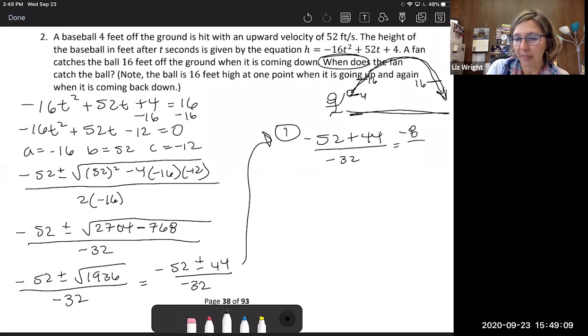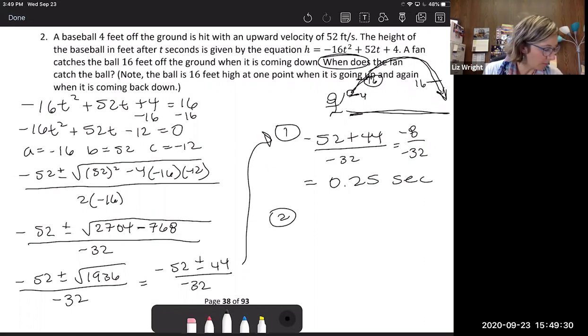So negative 8 over negative 32 is going to give us a quarter, right? So it'd be positive 1/4, which means it's 0.25 seconds. So you think our fan caught it at 1/4 of a second? I highly doubt it. I have a feeling our 1/4 of a second is this one.